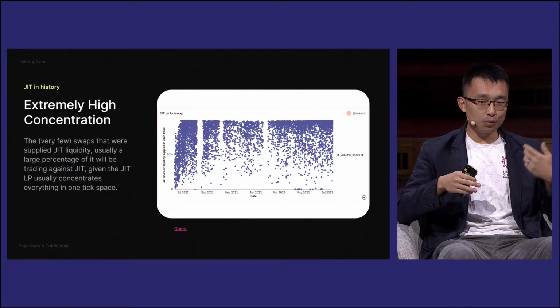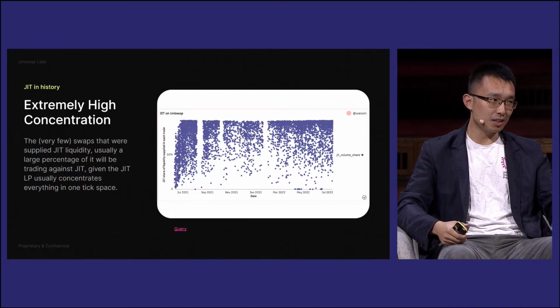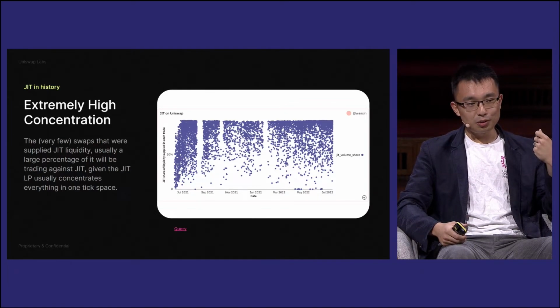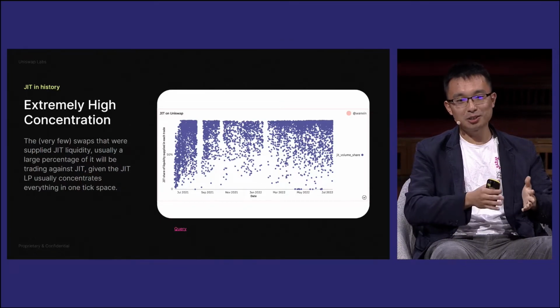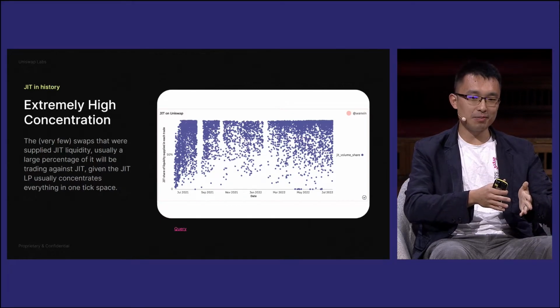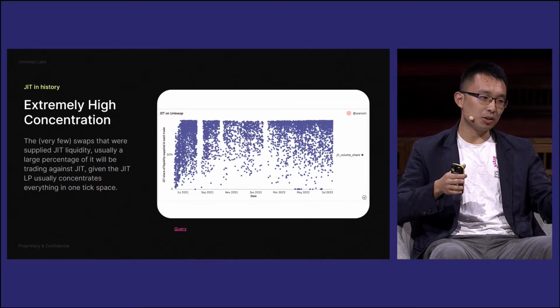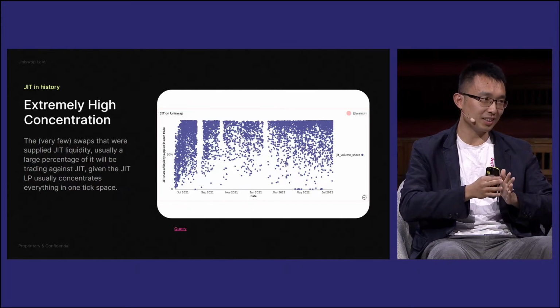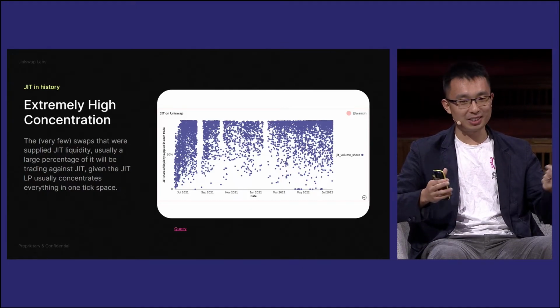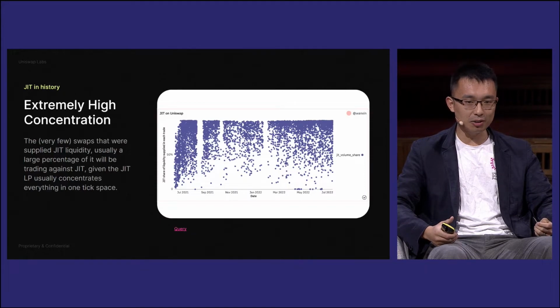For just-in-time liquidity, that's not an issue, because you know exactly where that swap will happen. It's literally one swap at one point in time. So the just-in-time liquidity provider can literally concentrate all their liquidity in one tick and get 1,000x or even more leverage on their liquidity.